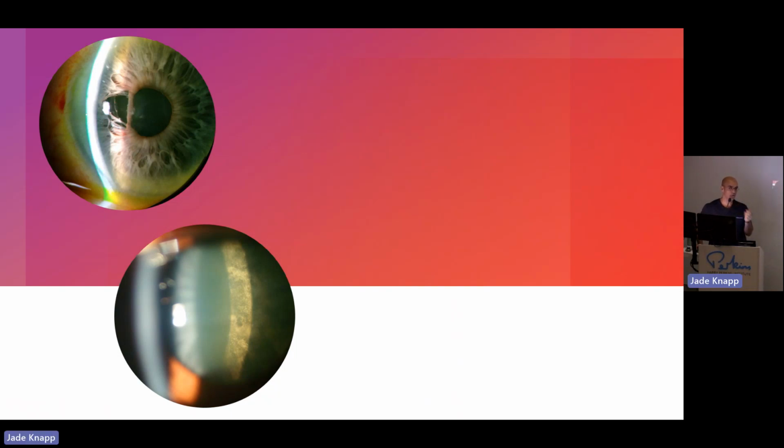So we call that a posterior subcapsular cataract. Posterior, back of the lens, subcapsular, it's just under the capsule. So the capsule is what holds the lens, and that part of the capsule at the back, posterior, becomes cloudy. So it's a type of cataract where only the back of the lens has become cloudy, not the front part.